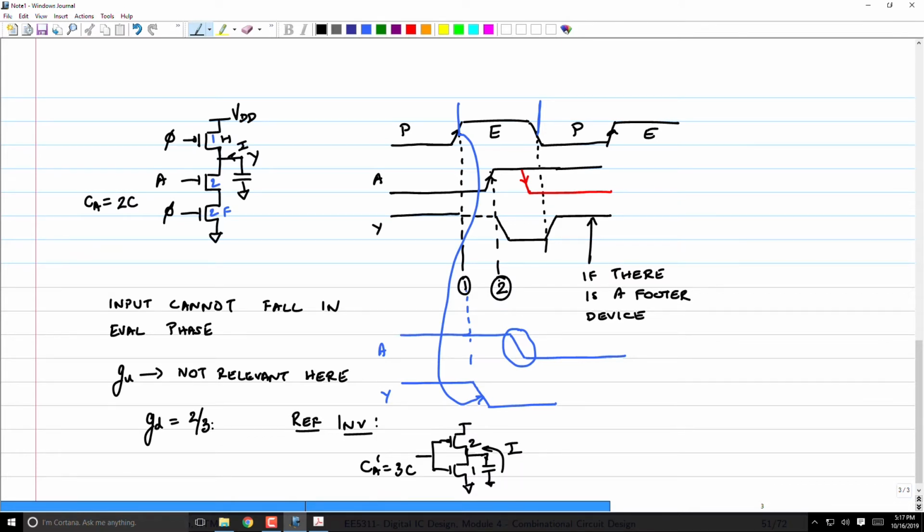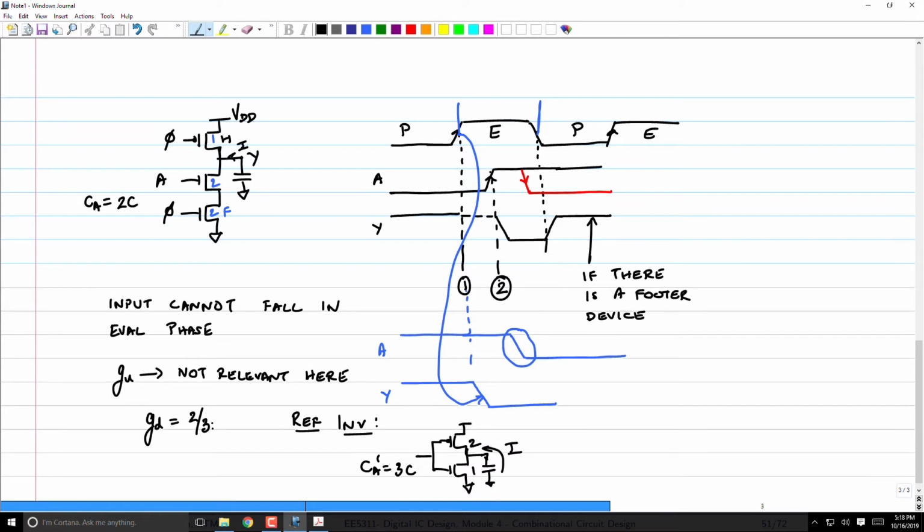Now, if I did not have the footer device, what would be my logical effort? Let's say I could impose an additional constraint, apart from the fact that the input cannot fall. I also impose a constraint that in the pre-charge phase, I will ensure that the input is not high.